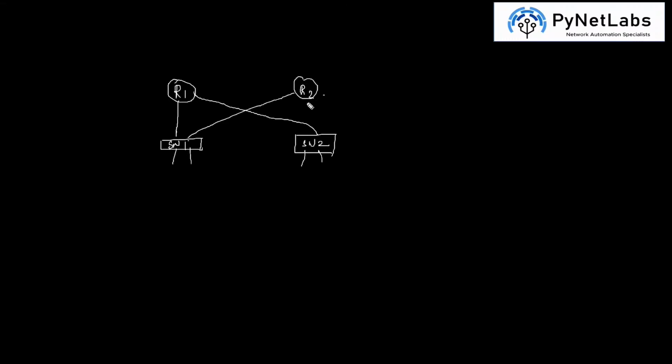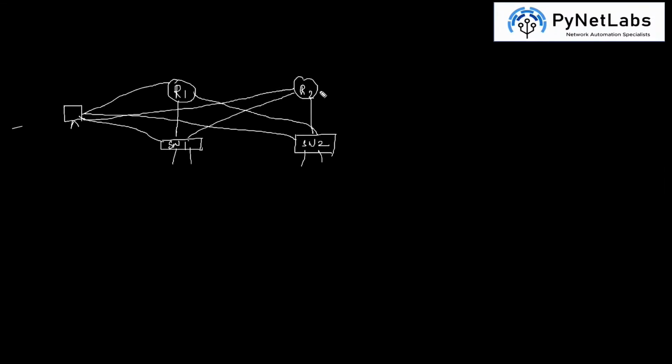So router number two will be connected to switch one as well as switch two, and there will be a management PC which can be used to make configurations on these devices. This management PC will be connected to router number one, then router number two, then switch number one, then switch number two.